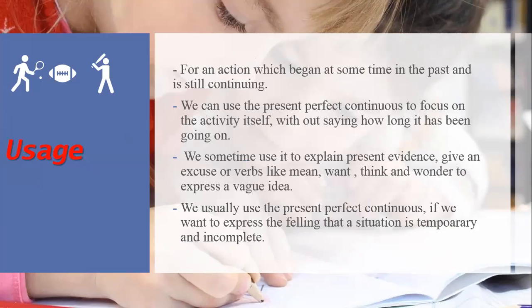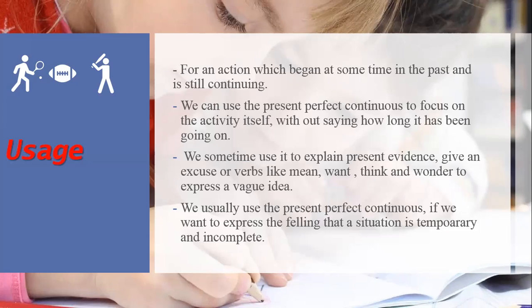Okay, here are some uses. I already said that it talks about the action which began at some time in the past and is still continuing, and we can use the present perfect continuous to focus on the activity itself. It means it talks about the action, the task, the activity, without saying how long it has been going on.